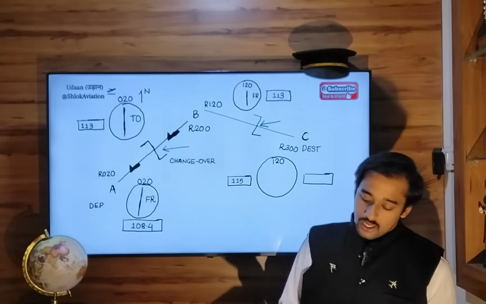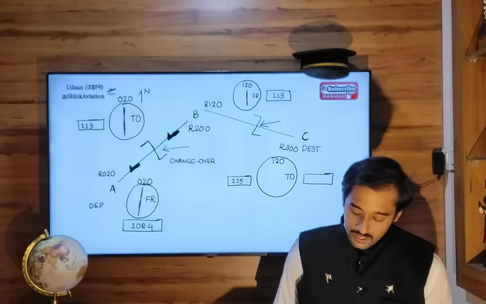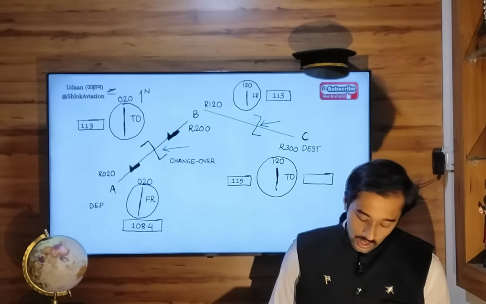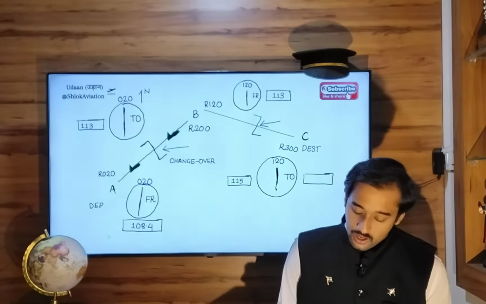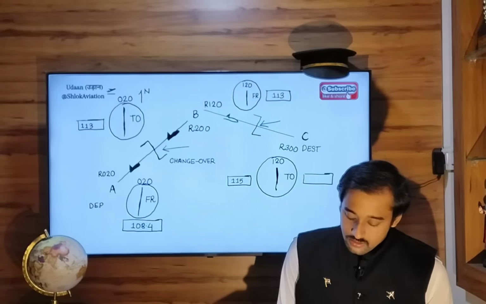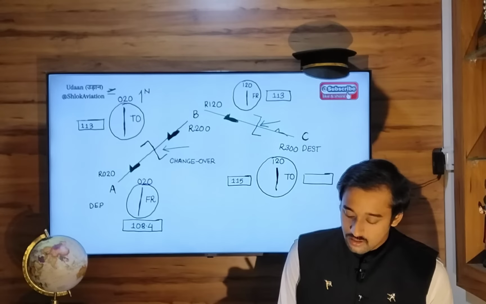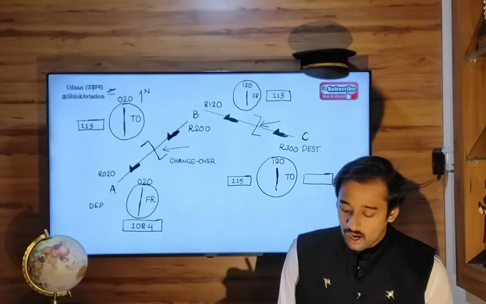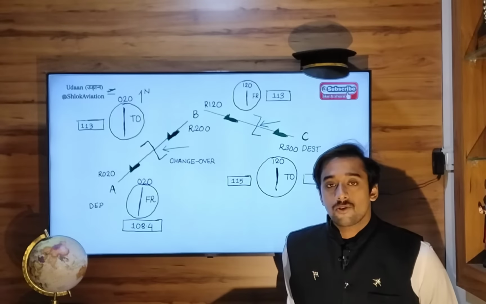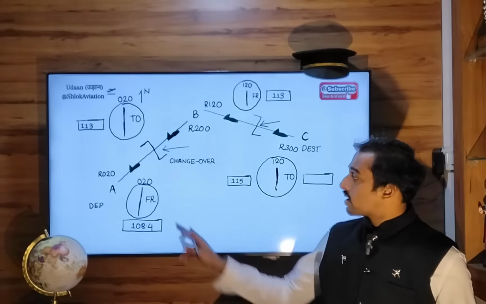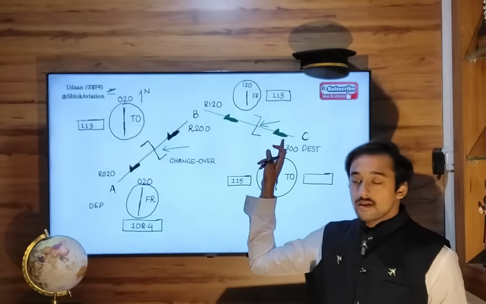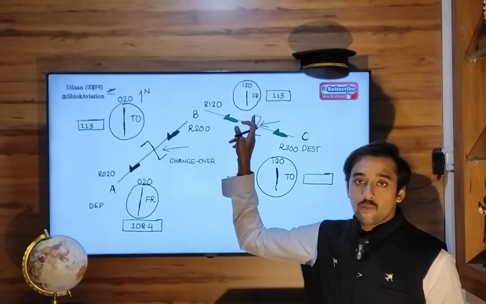From will become to in this case, because now you are flying towards VOR Charlie. So this is how navigation will happen when you travel from one VOR to another VOR, A, B, and C. So these changeover points are very important.